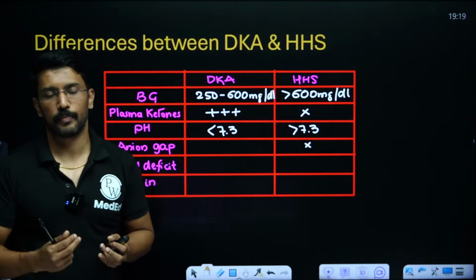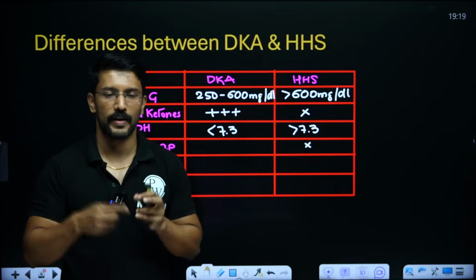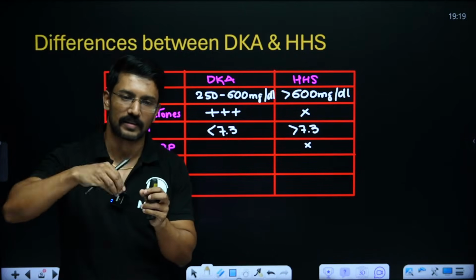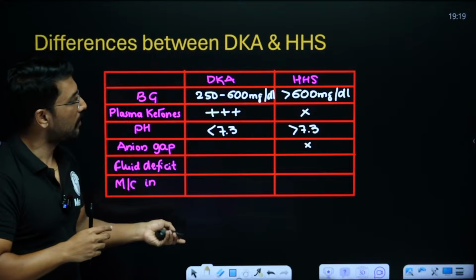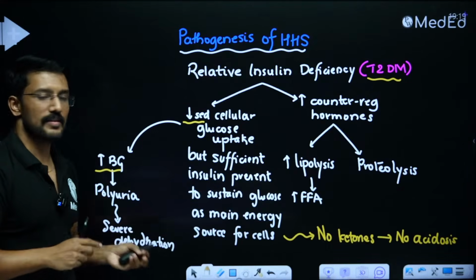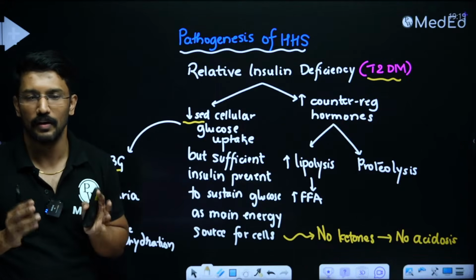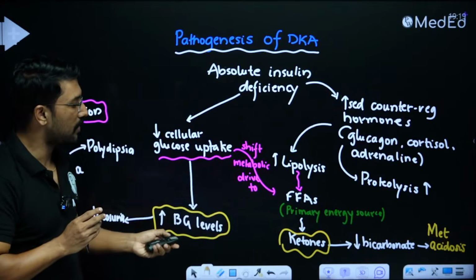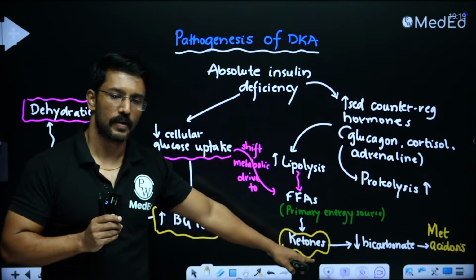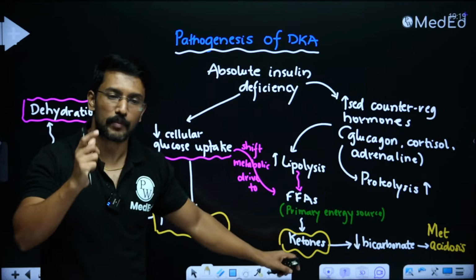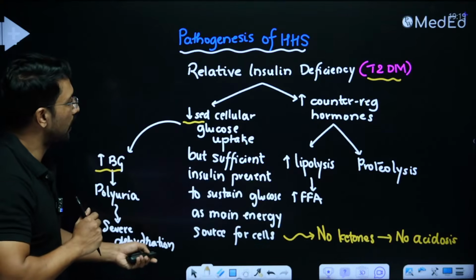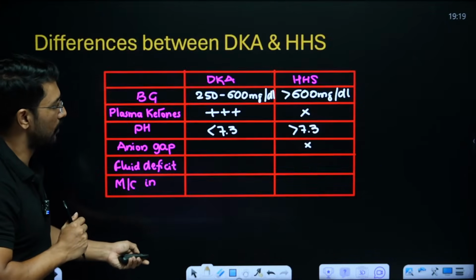High anion gap metabolic acidosis comes into picture when an extraneous or extra acid is added to the body. So in DKA, what happens? We are adding an extra acid, not the normal physiological acid. An extra acid is being added, that is the ketone bodies. So when I'm adding an extra acid, I'm creating an anion gap. So we will have a high anion gap metabolic acidosis.